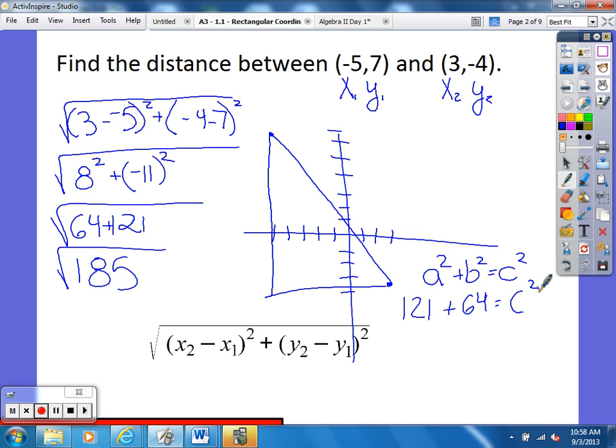Notice that the exact same numbers are coming out that I did here, aren't they? So if I add those together, I get 185. I take the square root, I get the square root of 185. Same answer either way. You do whichever one makes you feel comfortable, though. Sound good?